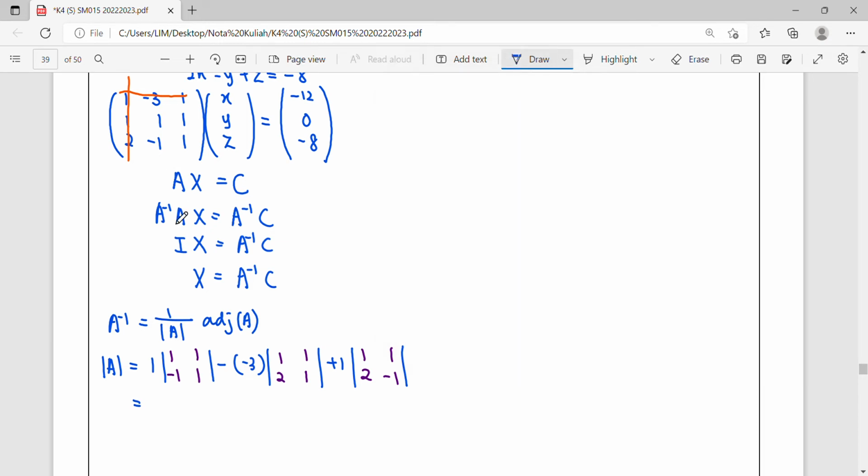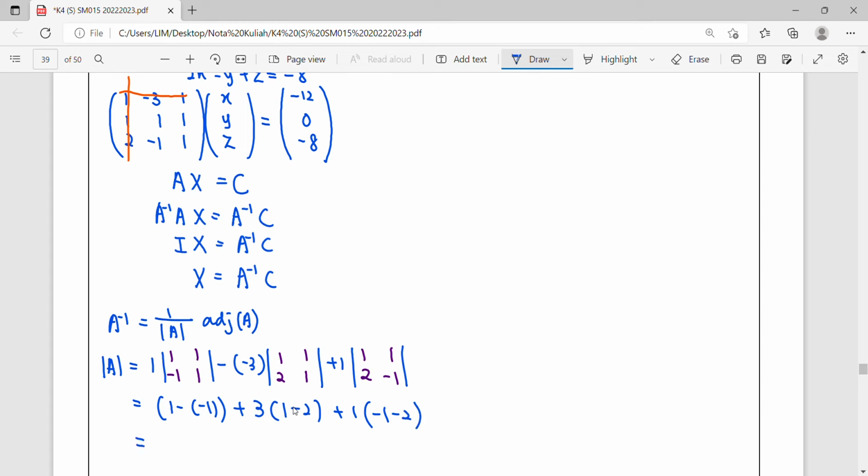Then we're going to calculate our minor, which is AD minus BC, 1 minus -1. Then here negative becomes +3, 1 minus 2, -1 minus -2.